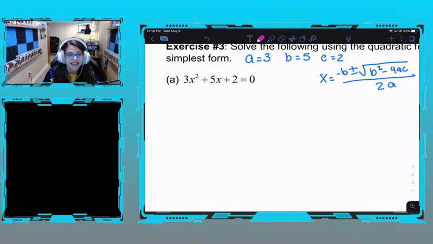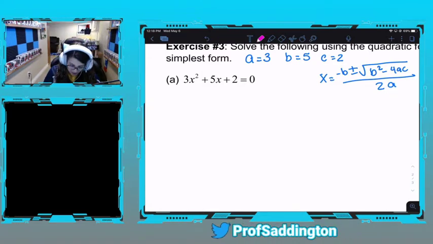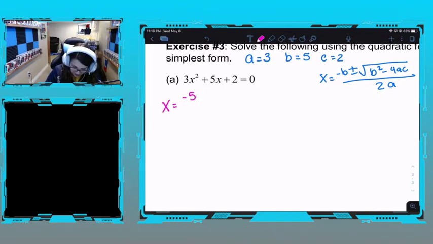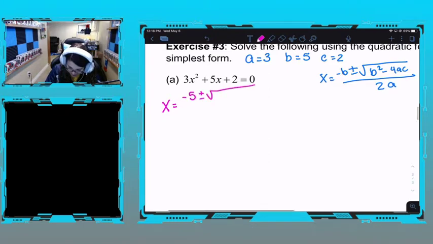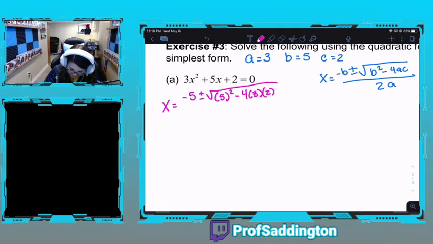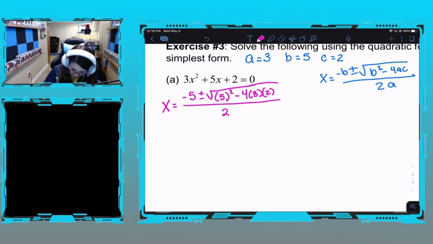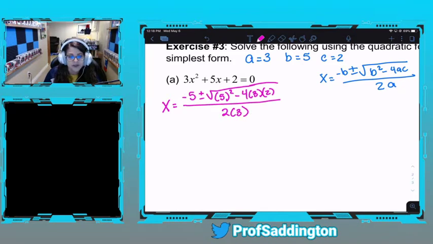So let us plug and chug. So we have x equals negative b. So instead of 5, I'm going to write negative 5 plus or minus the square root. So we have 5 squared minus 4 times 3 times 2 all over 2 times 3.